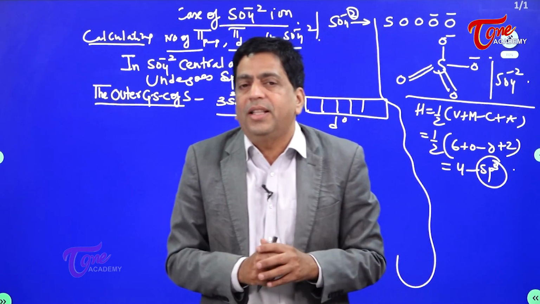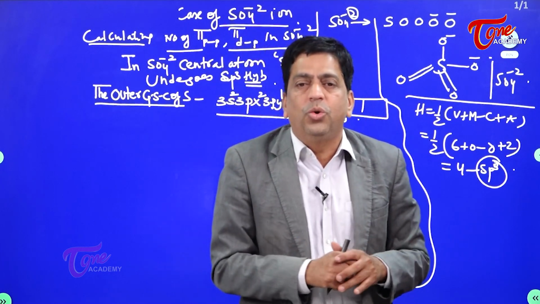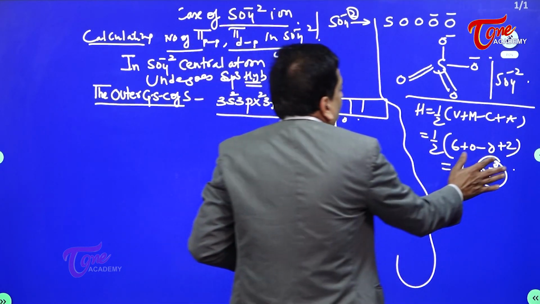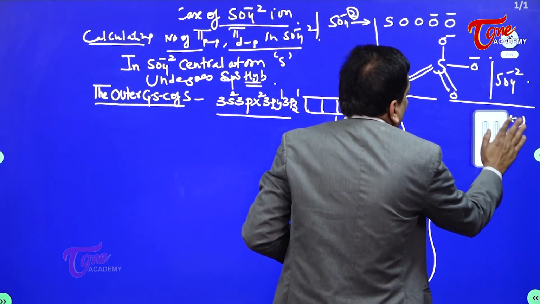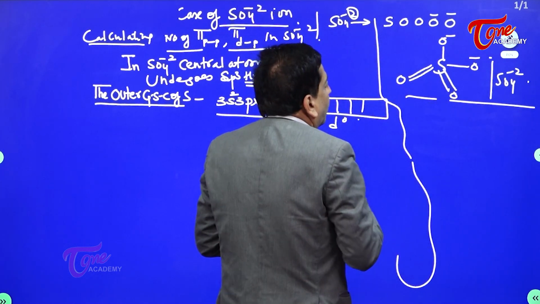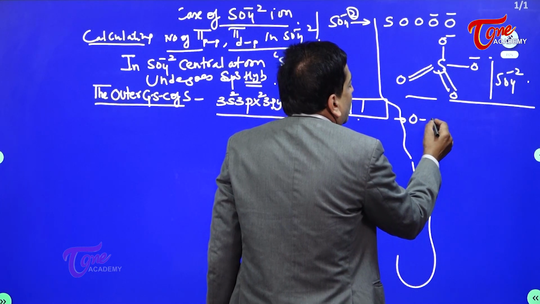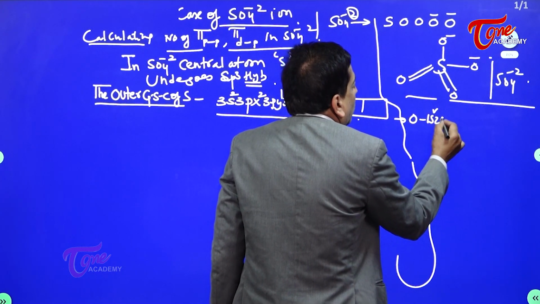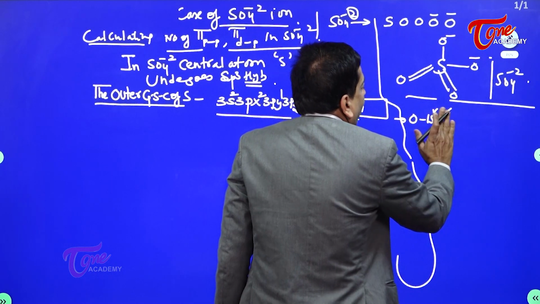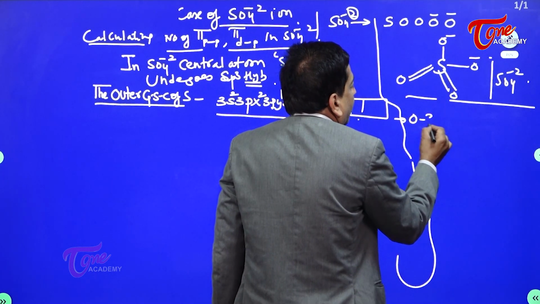So if I write the O configurations for you, they look like this. I write the full oxygen configuration. It is 1s2, 2s2. This is 8.